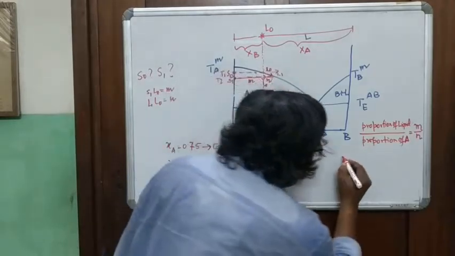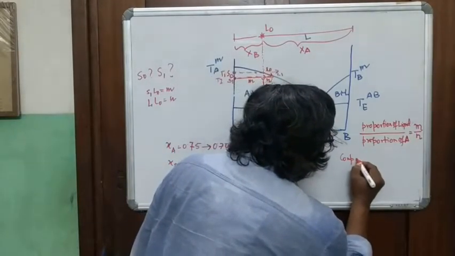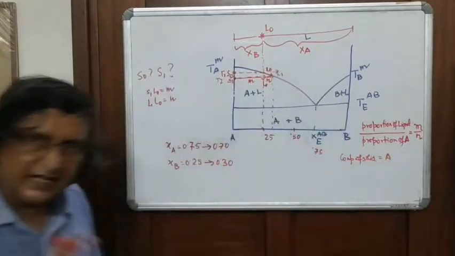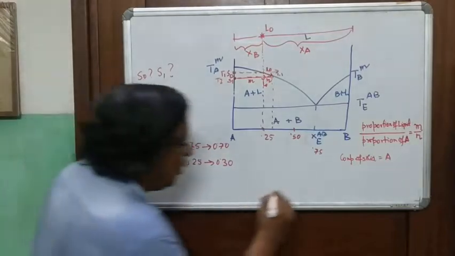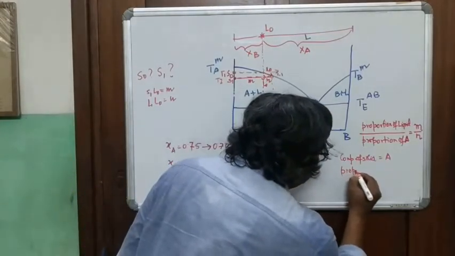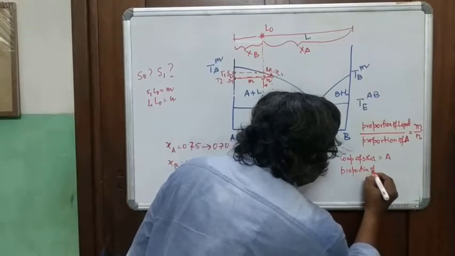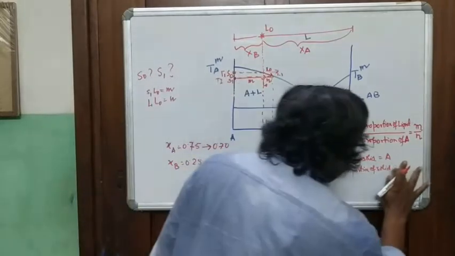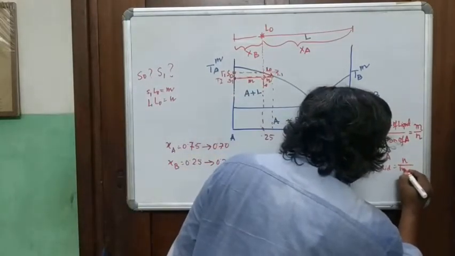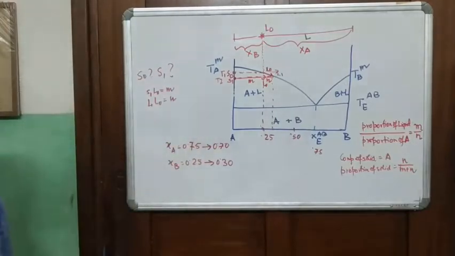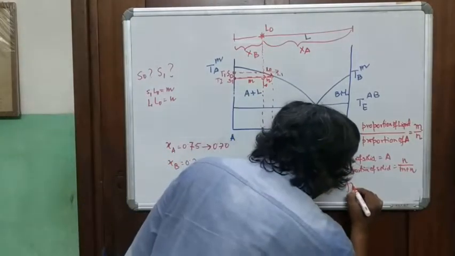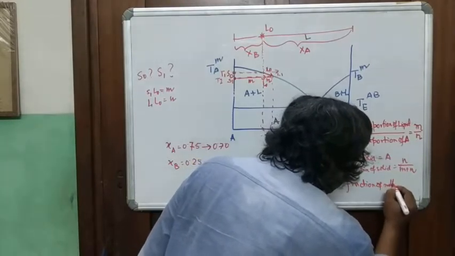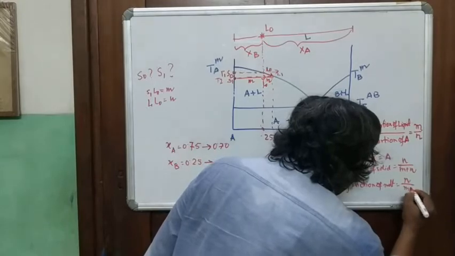The composition of solid is equal to A. The proportion of solid is equal to M divided by M plus N, or the fraction of melt is equal to N divided by M plus N.